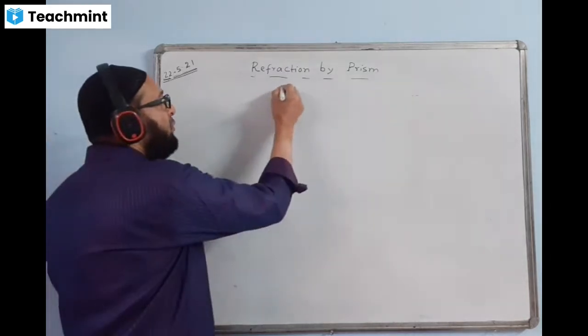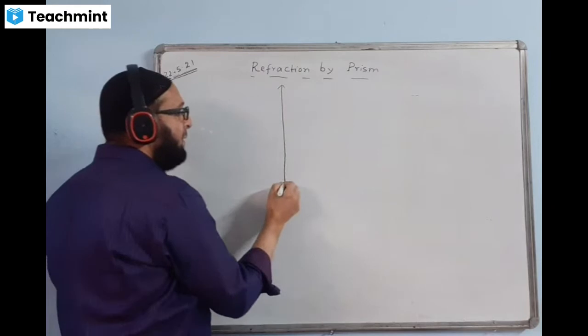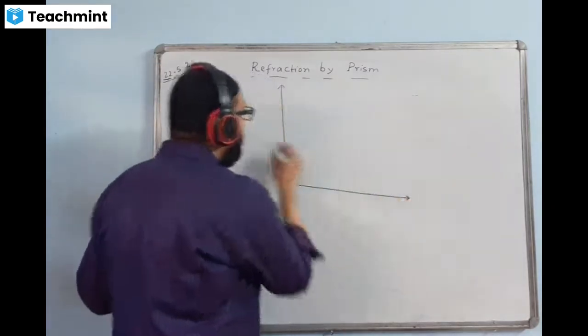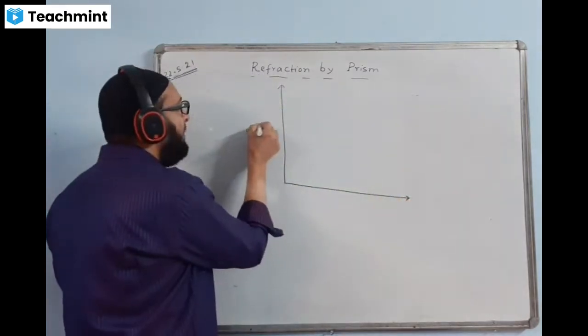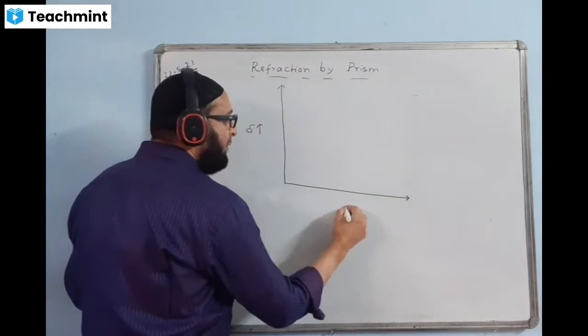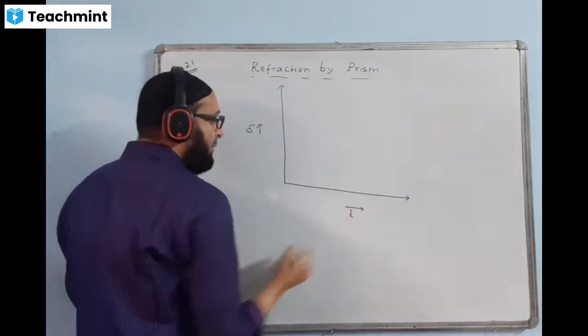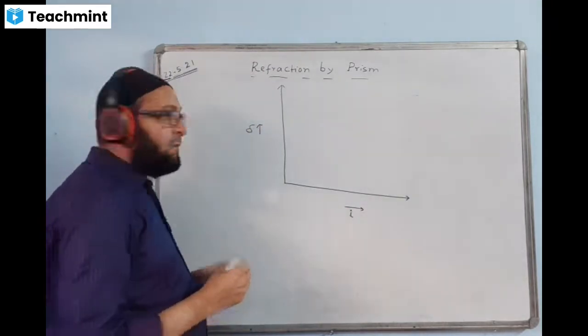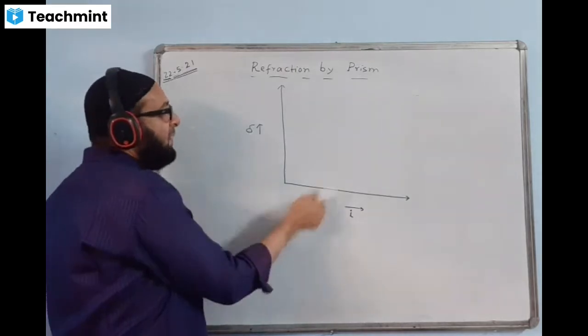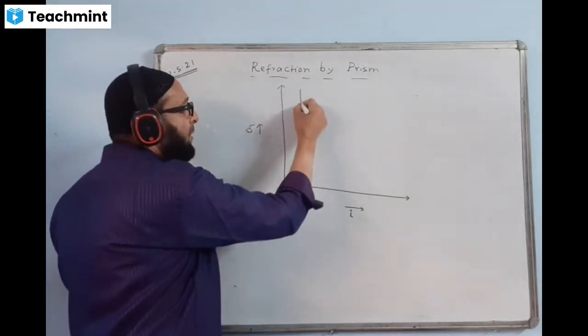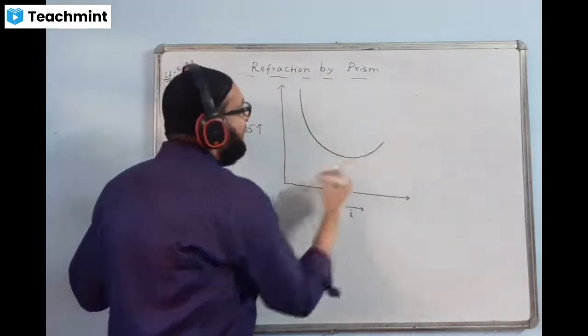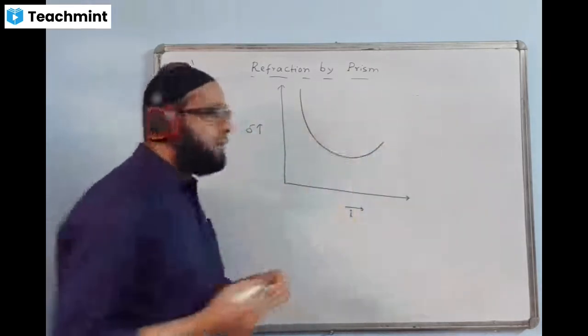We draw the graph to show the variation of delta with I. On one side we take delta, on the other side we take angle of incidence, like this. So the value of angle of deviation varies with I in a peculiar manner, in the form of a U-shaped curve.